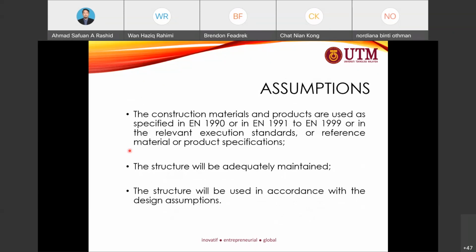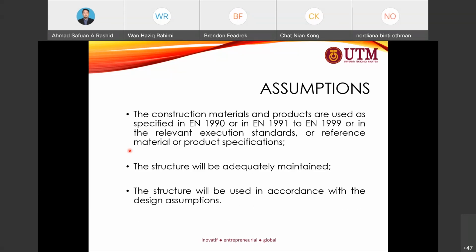Okay, the construction materials and products are used as specified in Eurocode 1990 or in 1991 to 1999, or in the relevant execution standard or reference material or product specifications. So the discussion on the materials is already listed in these Eurocodes.